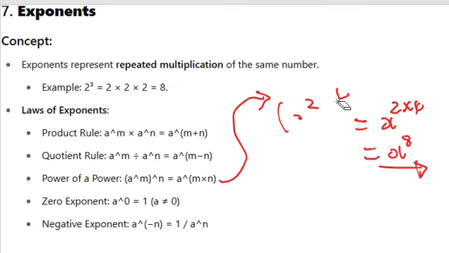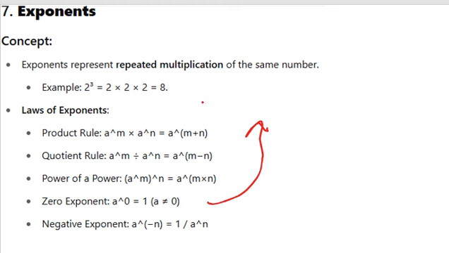We have another rule, or another law, called the zero exponent. The zero exponent is very simple. Anything to the power of 0 is equal to 1, only if a is not 0.